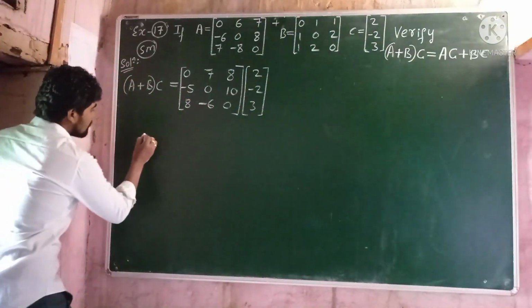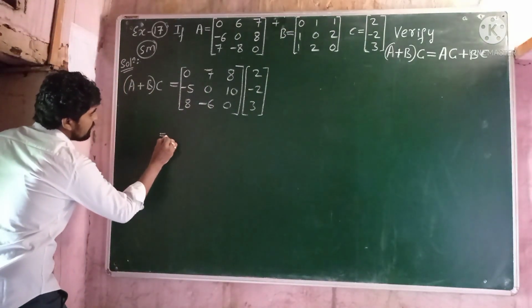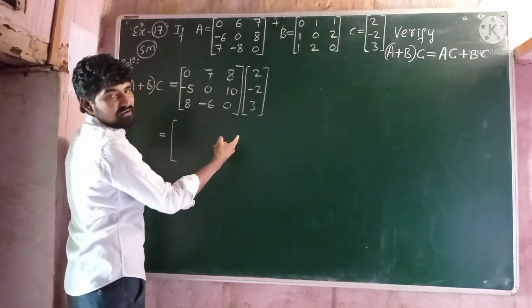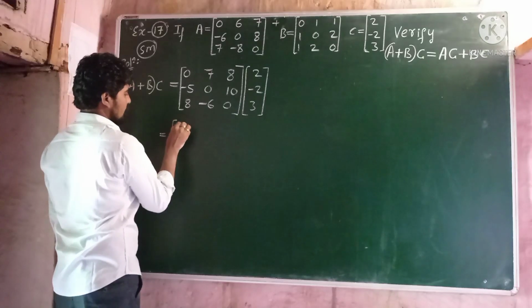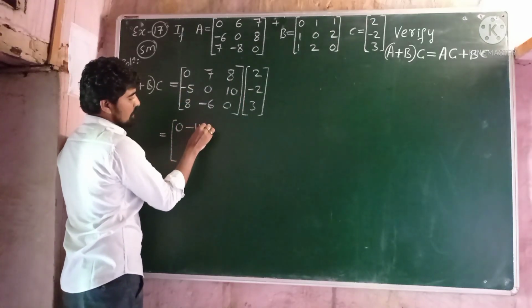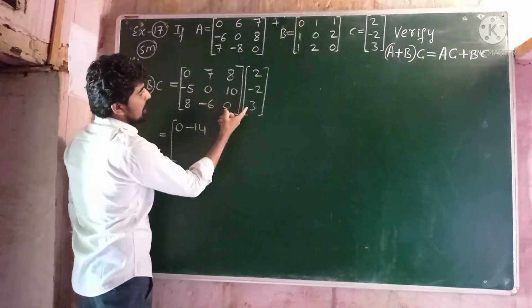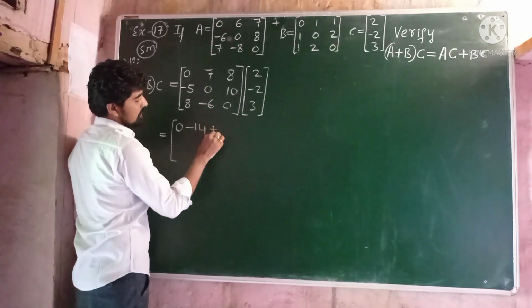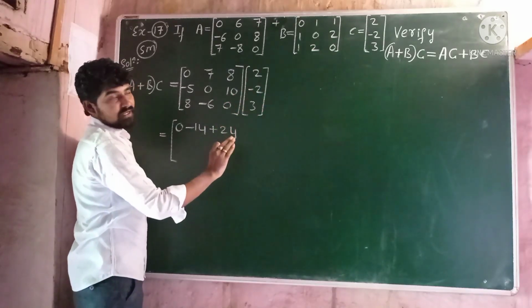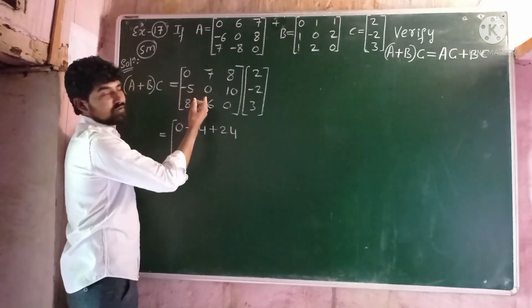So A plus B into C matrix is equal to: first row with this column, 0 into 2, 0. 7 into minus 2, minus 14. 8 into 3, 24. So the columns are completed. Obviously we move towards the second row.